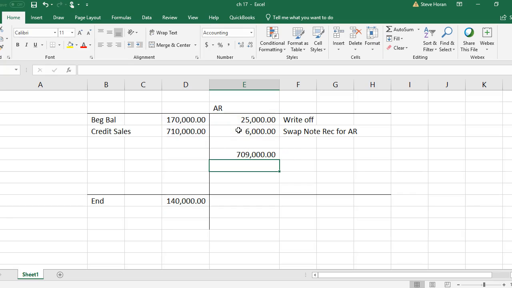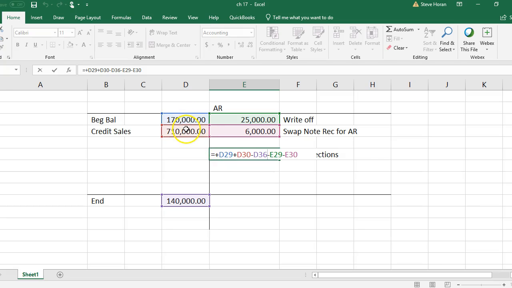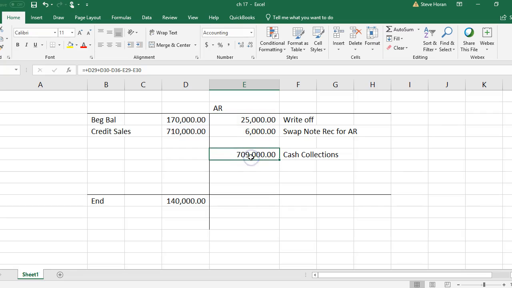And 709. So that was my cash collections. Okay, so just to show you what I did there, I did plus, plus, minus the ending, minus, minus, and that gives me my balance of 709. Okay, so 709 is my cash collections.